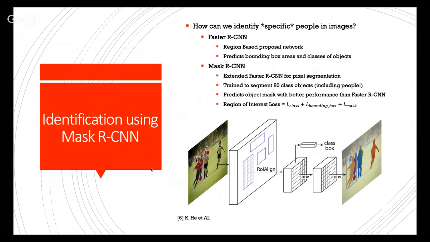So to identify the players in an individual image, I'm taking advantage of a pre-trained network called Mask RCNN. This is a region-based proposal network. So it starts off with a convolutional neural net that breaks down the image into a representation for a computer-understanding level, and then proposes three things: the bounding box on various objects, a class for the object within the bounding box, and a segmentation for the mask.